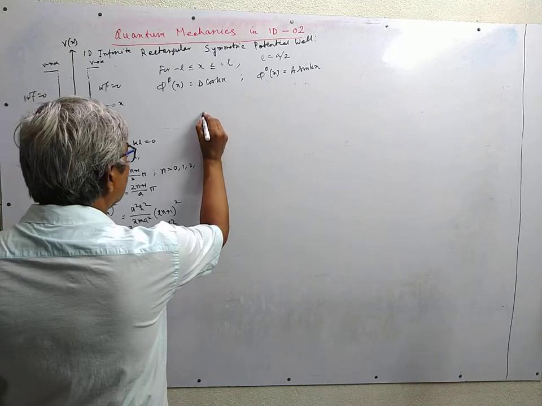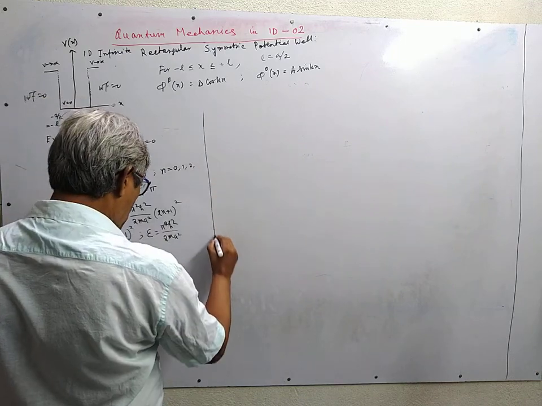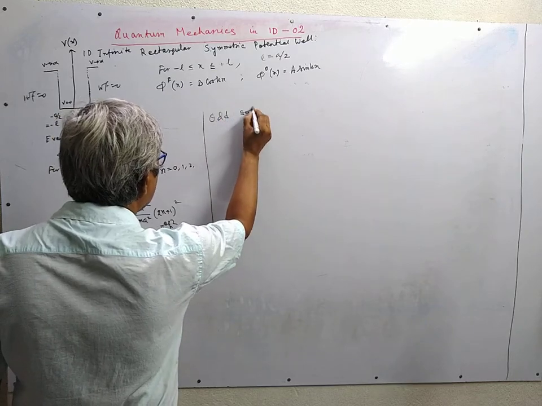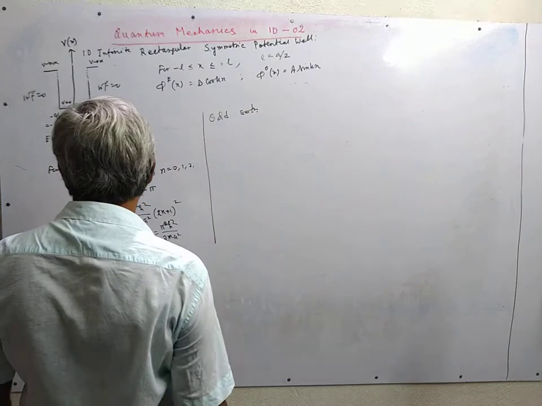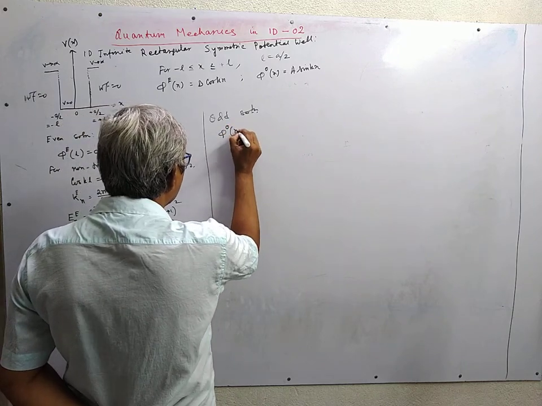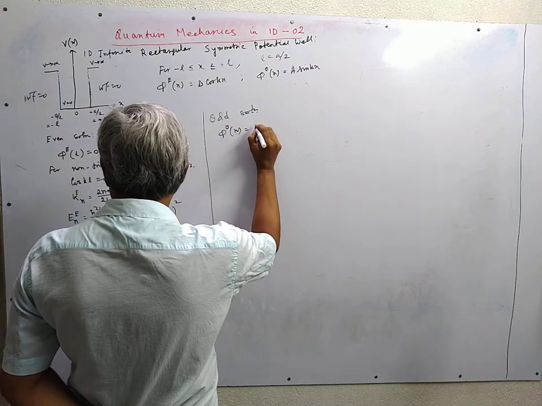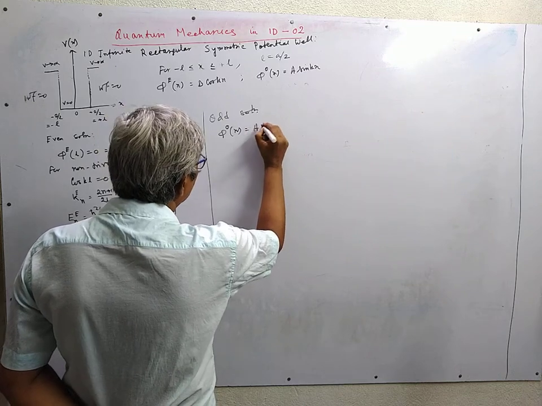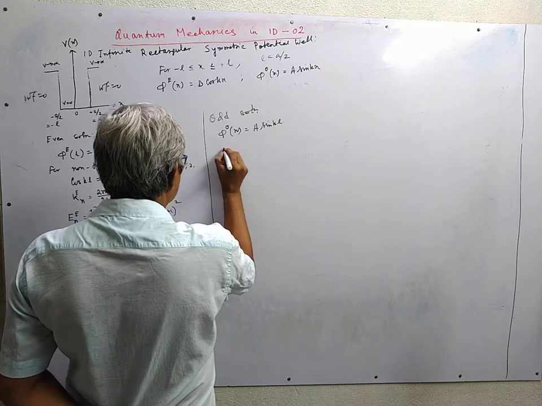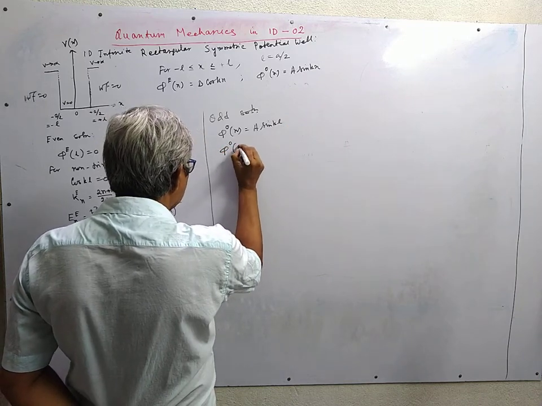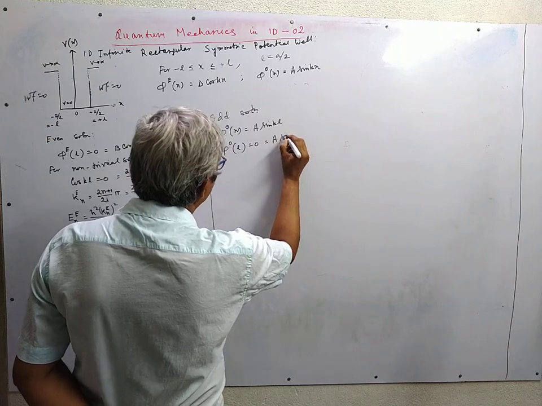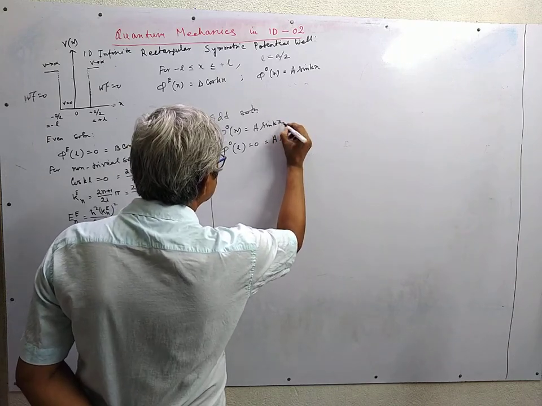And now come to the odd solution. And the boundary condition is phi odd at L equal to 0.